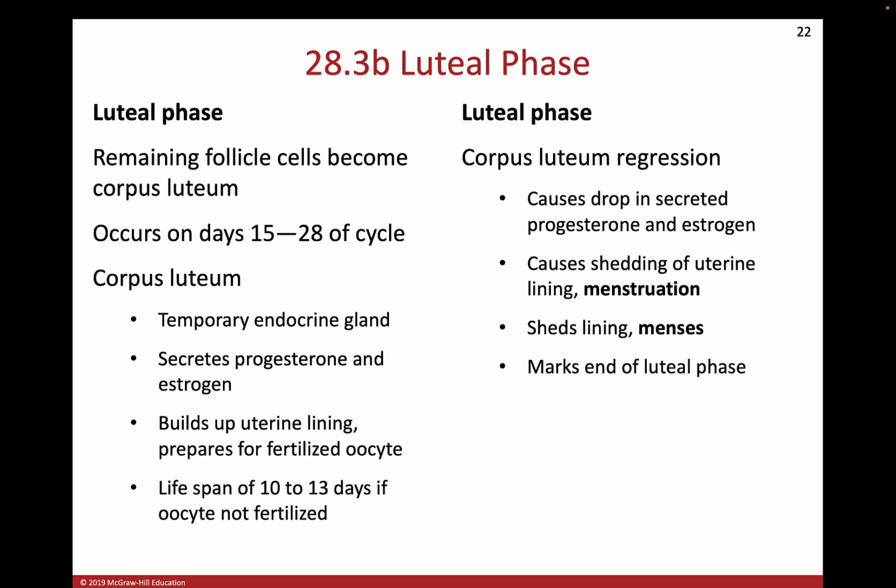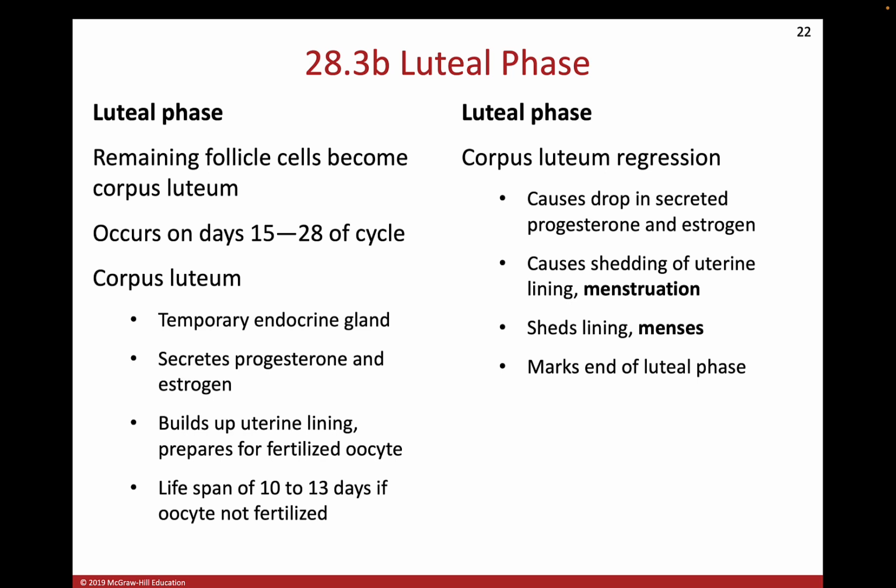The remaining follicle becomes what we refer to as the corpus luteum. This occurs on days 15 to 28 of the cycle, and quite often the corpus luteum is described as a temporary endocrine gland. It is secreting both progesterone and estrogen. Remember, the primary hormone during the luteal phase is progesterone.